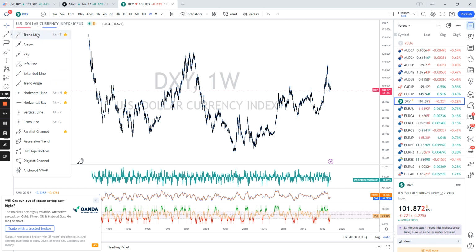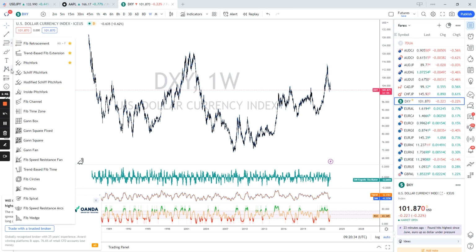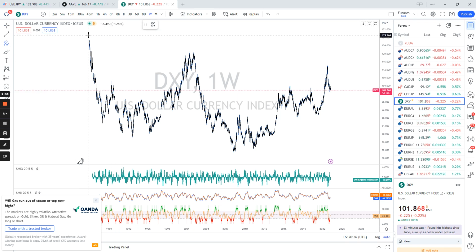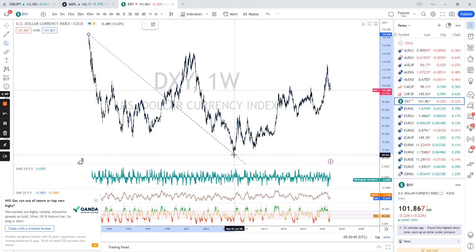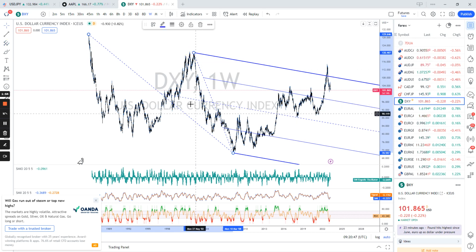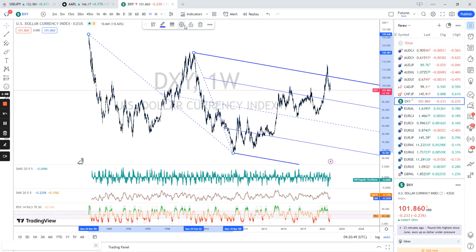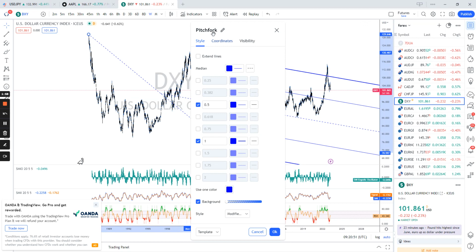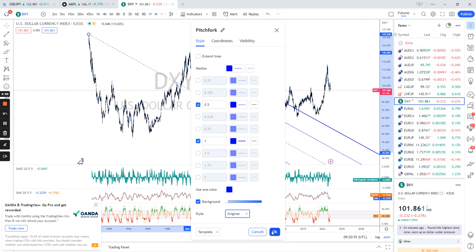I will draw here first one pitchfork channel, because we got a perfect one to be drawn from the bottom to the upside, and it will be not modified, but let it be the original pitchfork channel.